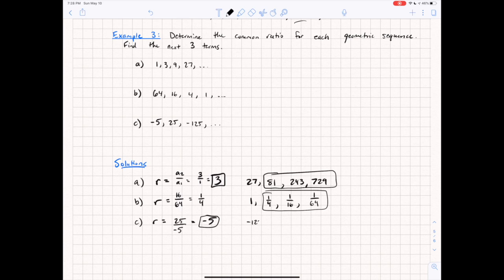So if I have -125, then the next entry is positive 625. The next entry would be -3125. And then the last entry that we need to find would be 15,625. And so here is my answer for the final three entries of the sequence.